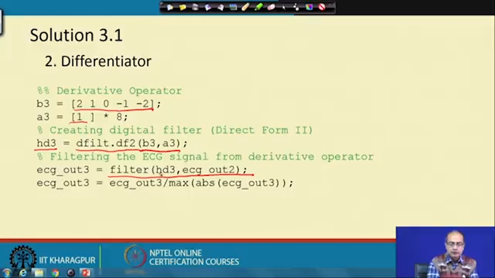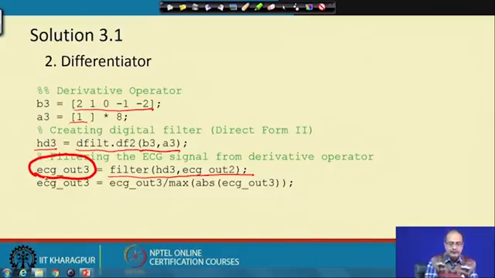We need to give two inputs to this filter: one is HD3, the filter, and second, the input signal, which is what we get out of the band pass filter, ECG underscore out 2. So, at the end of it we get the derivative of the band pass filter output.